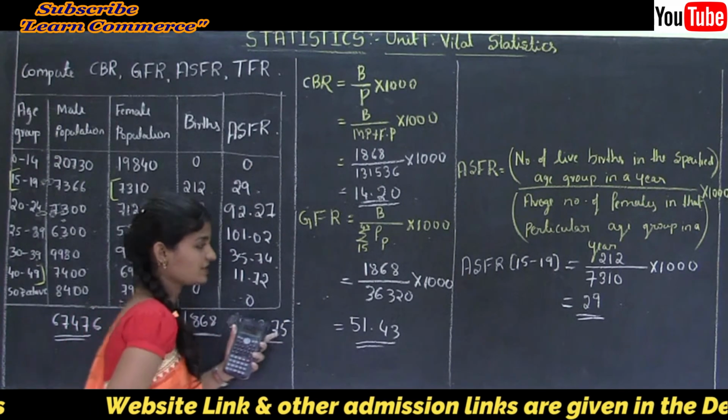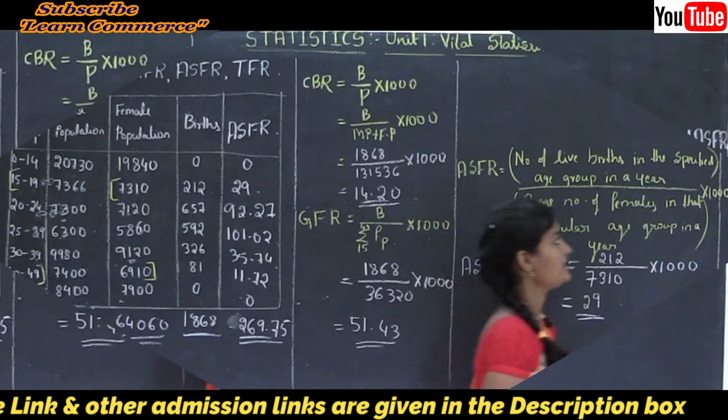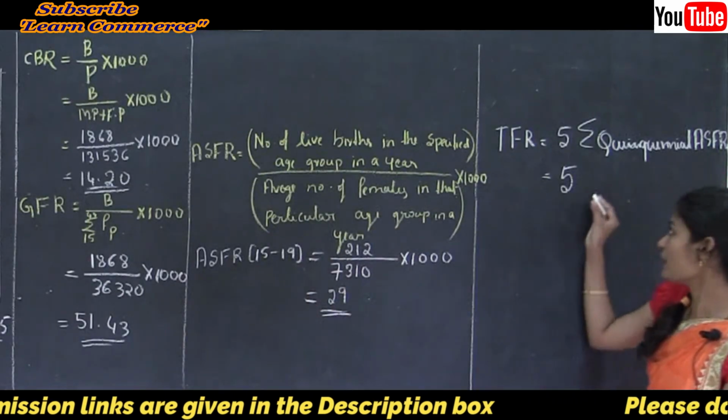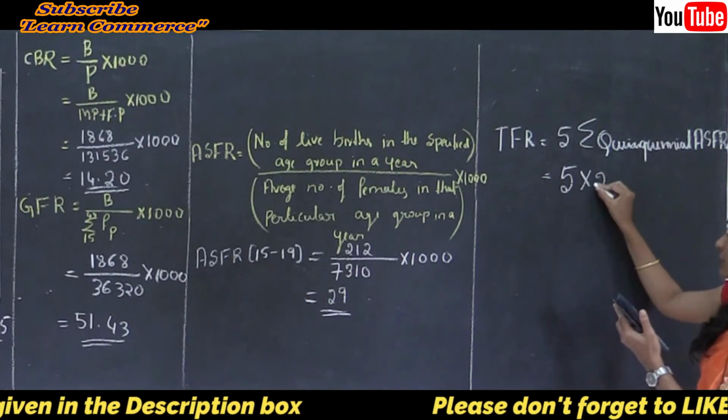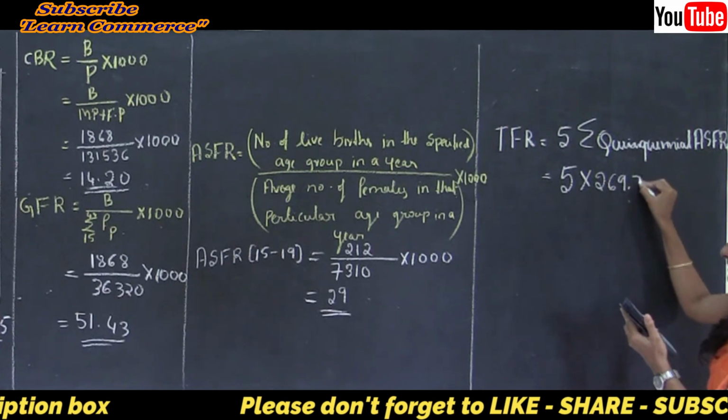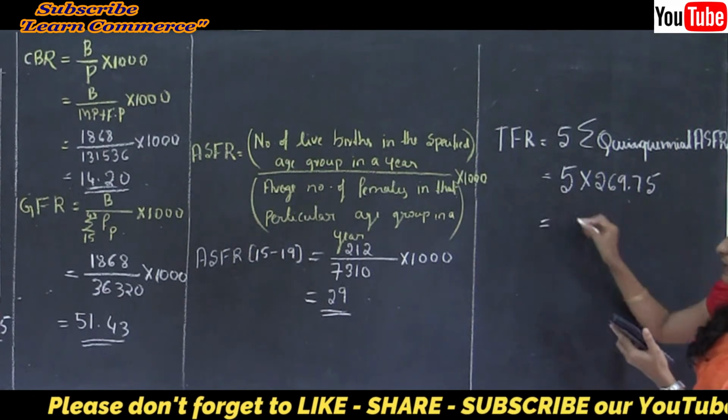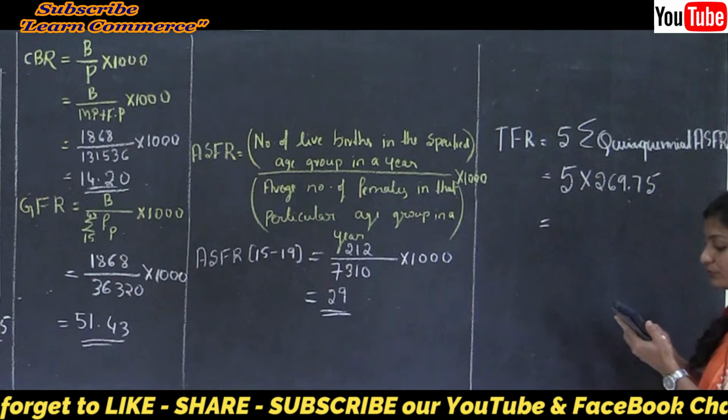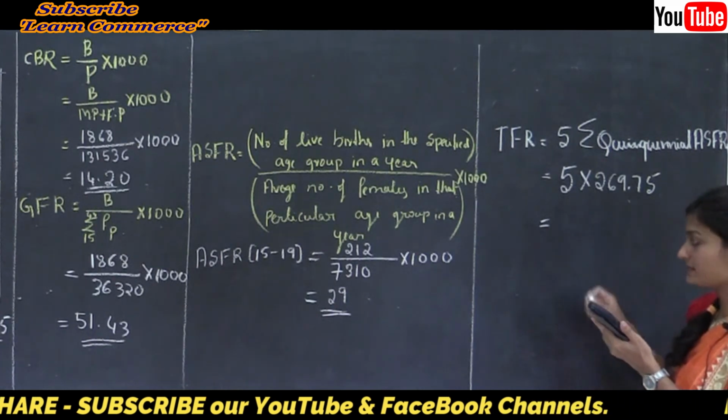Now I will substitute this value in the formula: TFR is equal to 5 into 269.75.